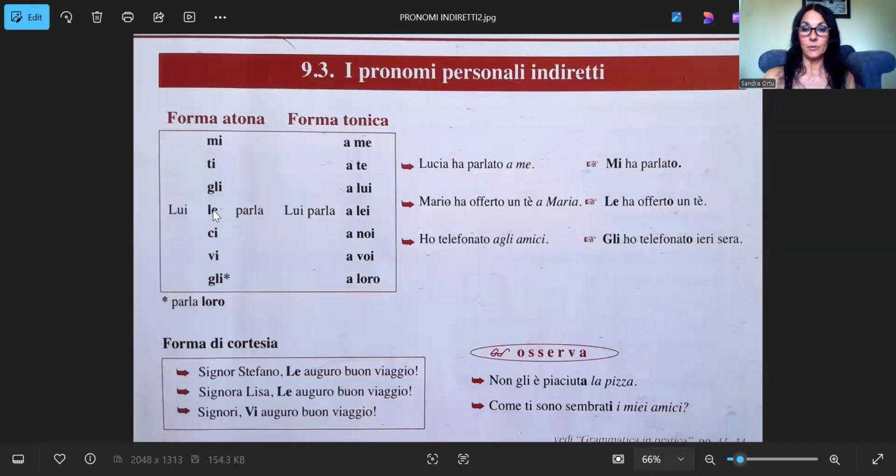So "Le," which is to her, is what you use for to you when you're talking in a formal context. And normally in a book, especially textbooks, you will see the difference when it's formal. They will use the capital letter. So keep this in mind. Remember, capital letter is formal.